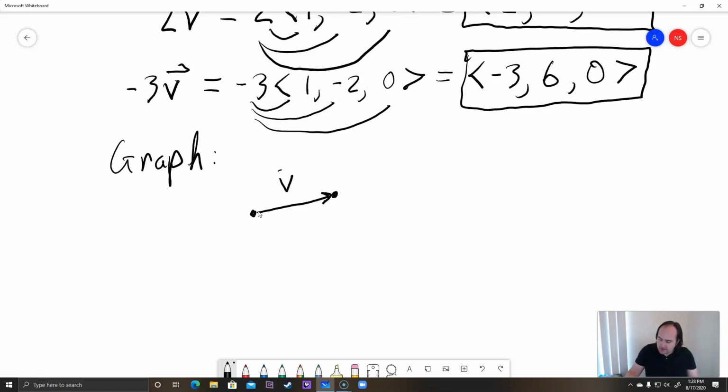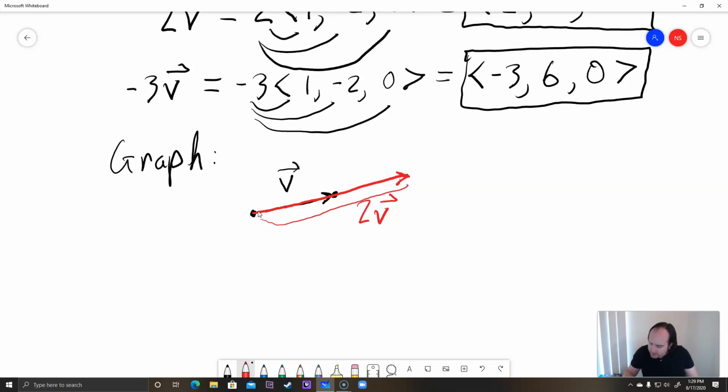If this is vector v, well, what does it look like if you multiply it times 2? Well, let me do that in a different color. If you multiply a vector times 2, it's going to have the same direction, but twice the length. So that would be 2v. So this whole thing here would be 2v.